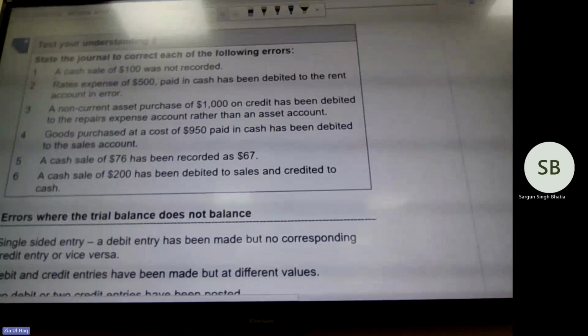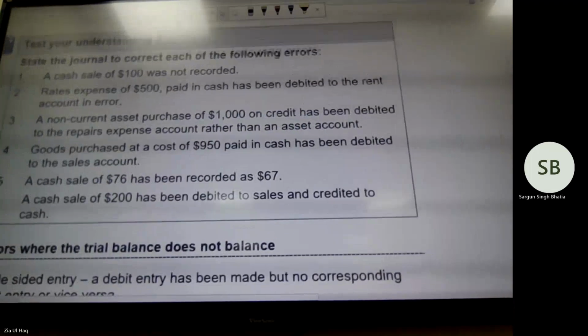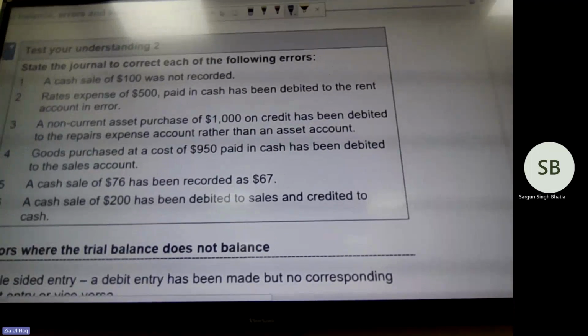Let's move towards Test Your Understanding 2. State the journal to correct each of the following errors. That means we need to perform a rectifying entry. For a rectifying entry, we need to prepare three columns. One is for the correct entry.